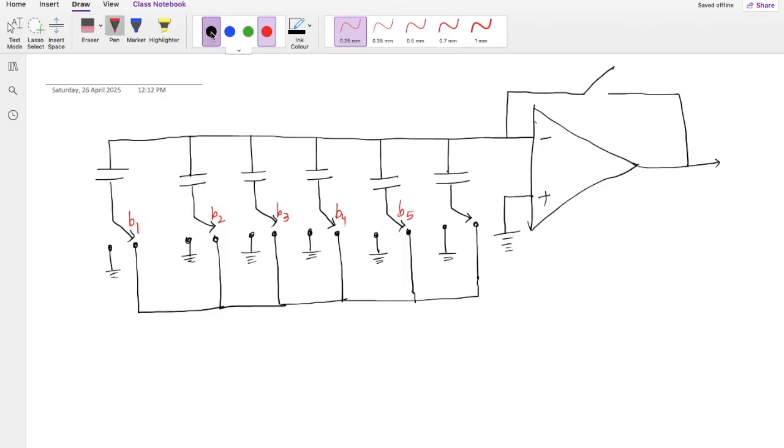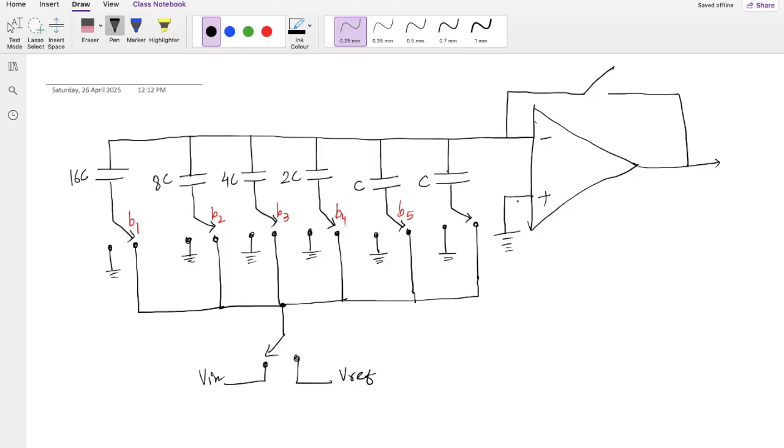Of course the value of this capacitor is 16C, this is 8C, this is 4C, this is 2C, this is C, and C. We have one more switch here, which will be connected either to Vin or to Vref.